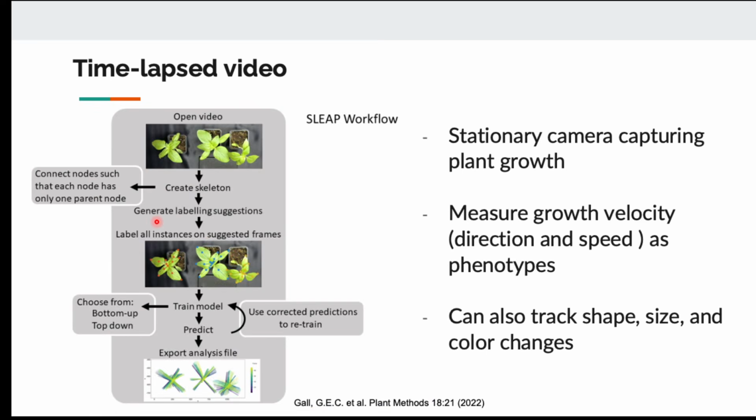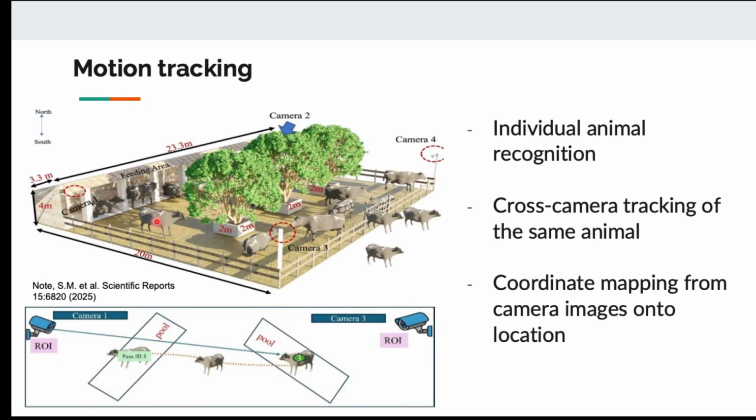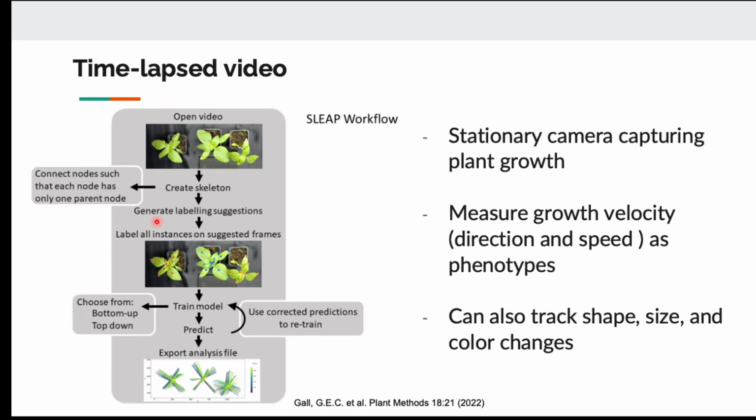For plants, because they are stationary, people usually use time-lapse images. You don't need video because the plant doesn't move around for you to track. So you can keep your camera stationary, the plant stationary, and take an image maybe every 1 hour, every 3 hours, for example. This allows you to track the growth of the plant from one time point to the next.